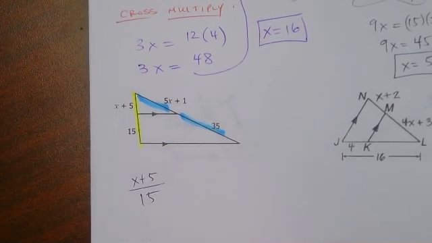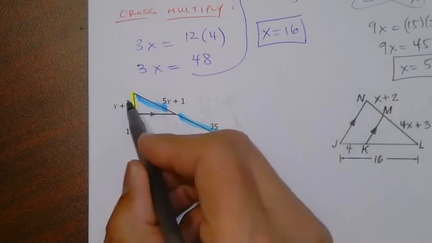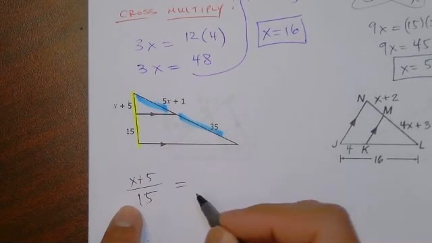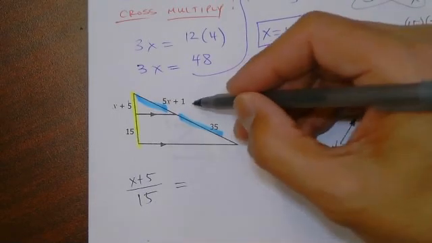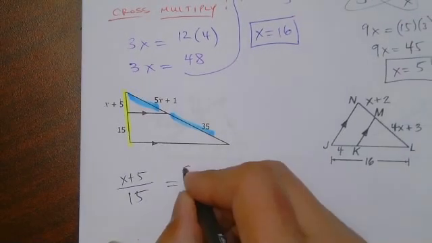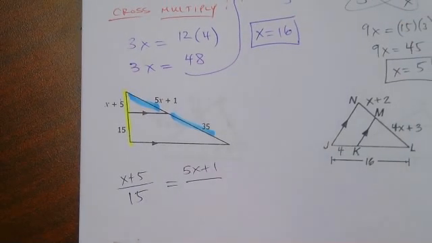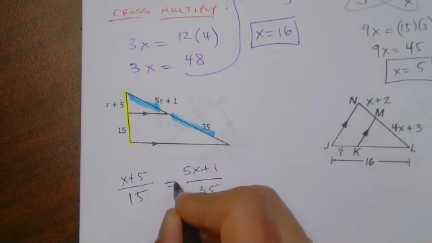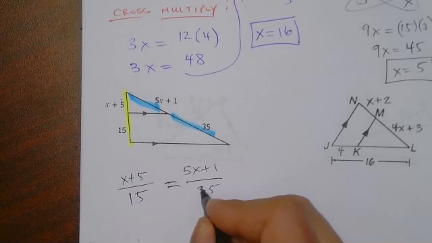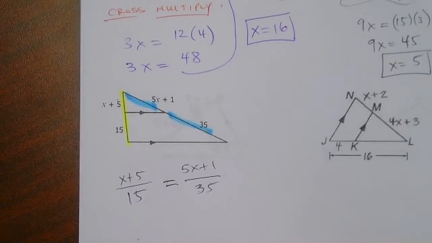X plus 5 over 15 equals 2, right? This one from the top and this one on the bottom equals 2. What are you going to put over here? 5x plus 1 over 35. That's it. That's the setup. Now we got to solve it.